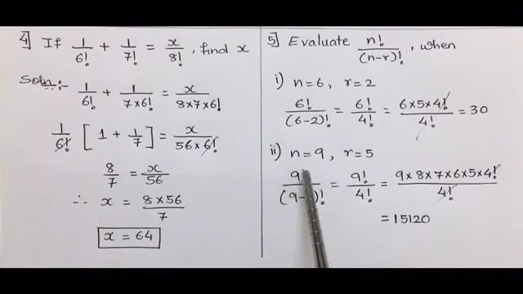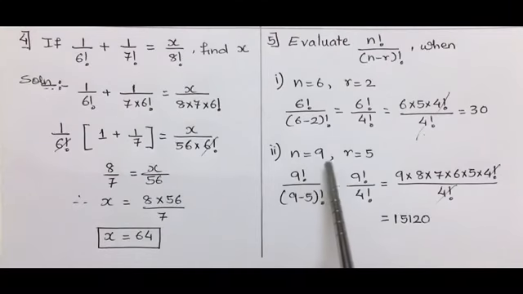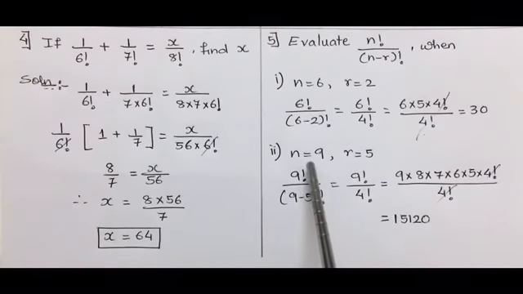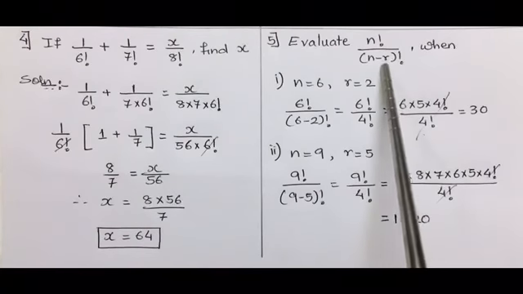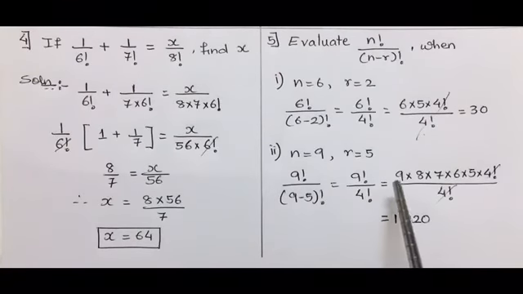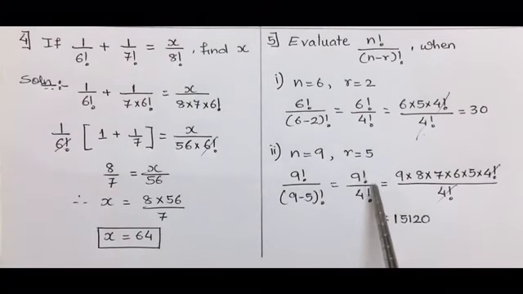Question number 2 is n equal to 9, r equal to 5. Keeping the value of n and r in this expression, we get 9 factorial upon 9 minus 5 factorial, that is 9 factorial divided by 4 factorial. Now reduce 9 factorial because it is more than 4.